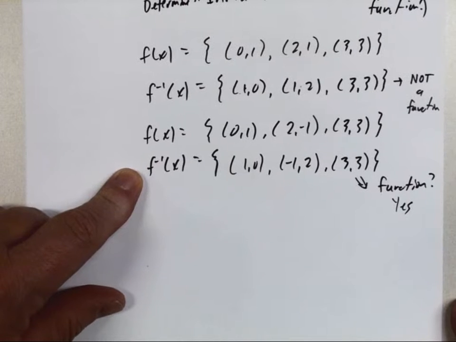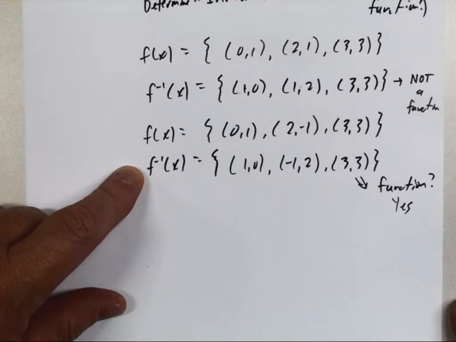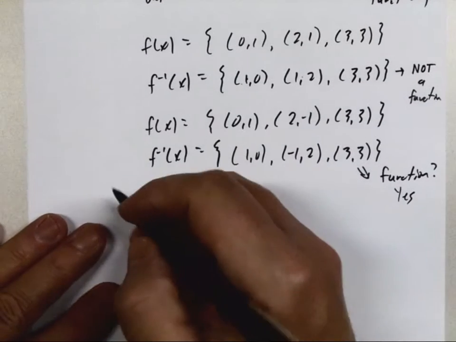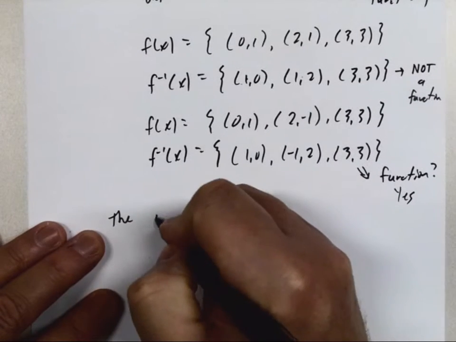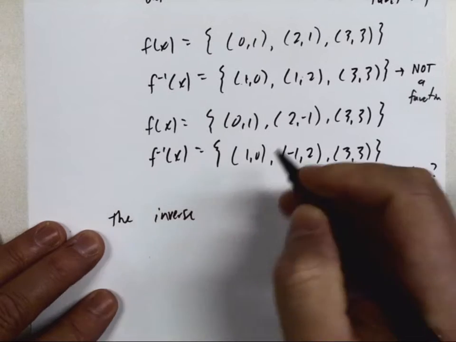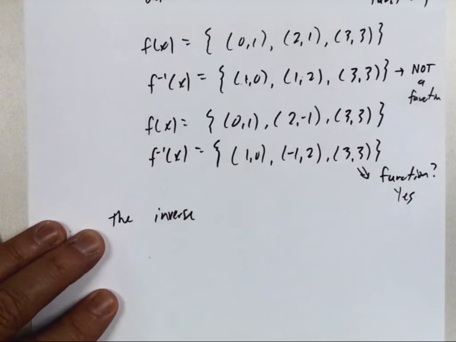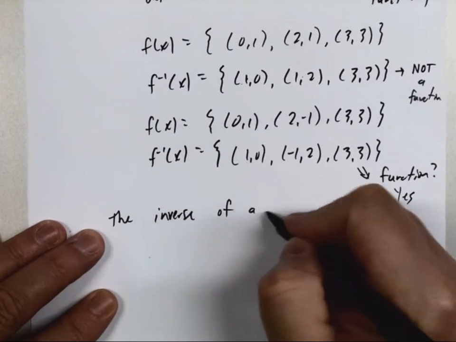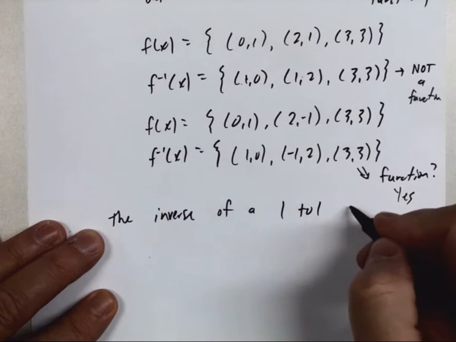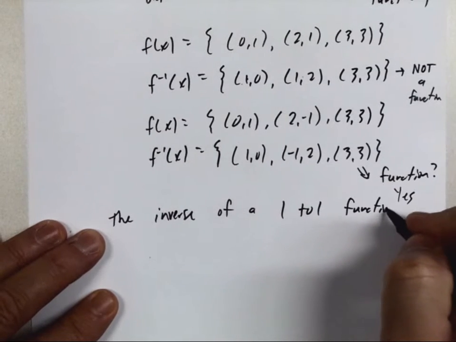Now, you know what we can say? We can actually look at a function, and before we even calculate the inverse, we can determine if the inverse is an actual function. You know how we know that? The inverse of a 1-to-1 function.